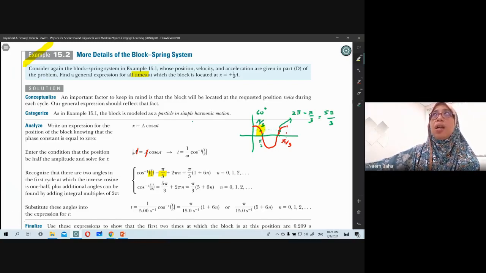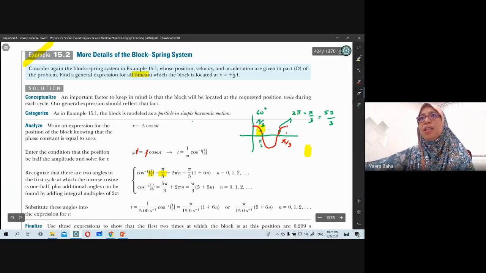60 degrees. Now by logic, this is one single phase. One single phase consists of 360 degrees, which is equivalent to 2 pi rad. So one big cycle. If I were to separate them, this is equivalent to pi.